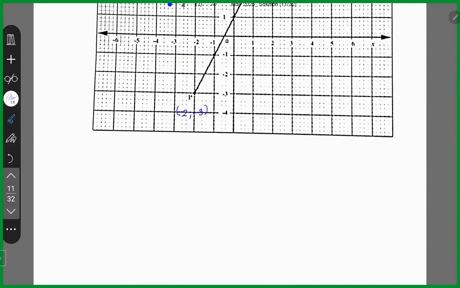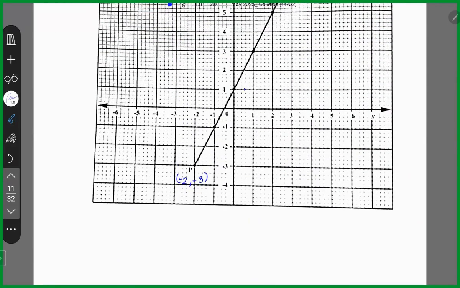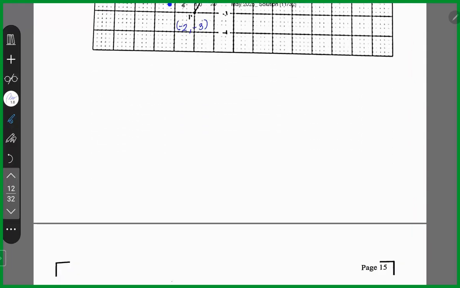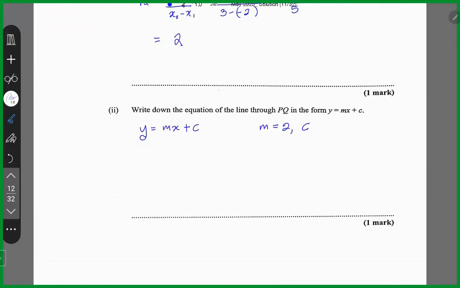C is the y-intercept. And it's clear that the y-intercept c is equal to 1. So the equation of the line PQ is y is equal to 2x plus 1.